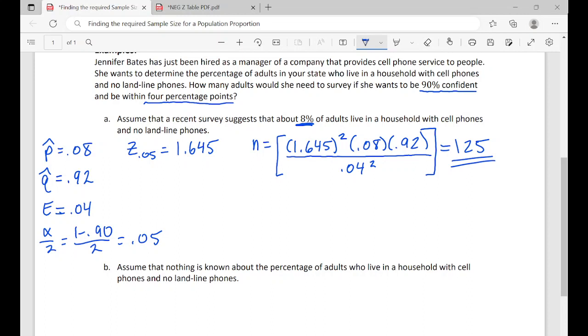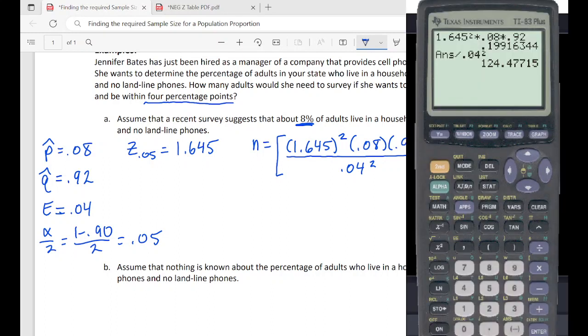Now, you can also use your calculator to find the critical value. We already did all the work, 0.05. You would just go to second vars, inverse norm, and enter 0.05 as our area.